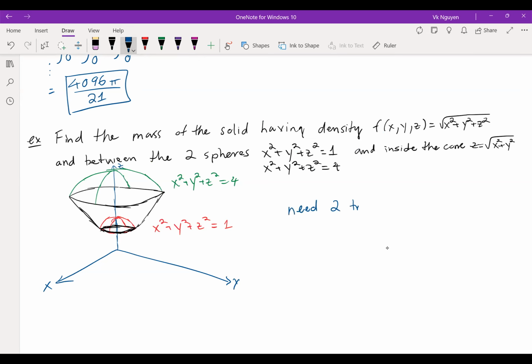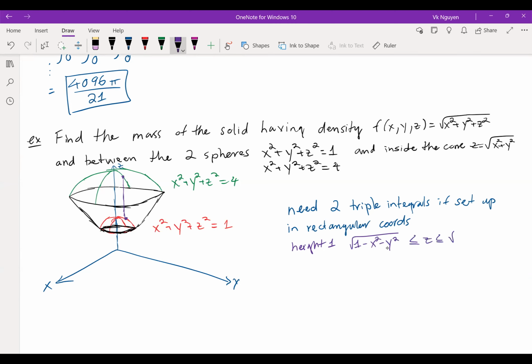We need a triple integral. If set up in rectangular coordinates, we need two heights. Height 1, everybody can see, goes from one sphere to another sphere: root of 1 minus x squared minus y squared to root of 4 minus x squared minus y squared.